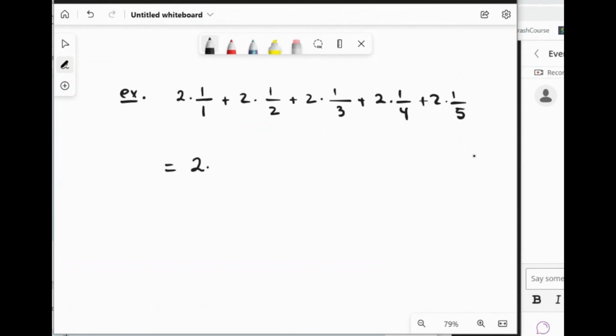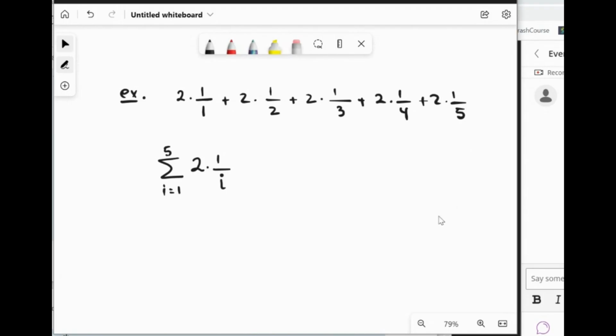Well, this is 2 times 1 over something. So 1 over some number, right? And what is I changing from? It is changing from 1 until 5. That's right.